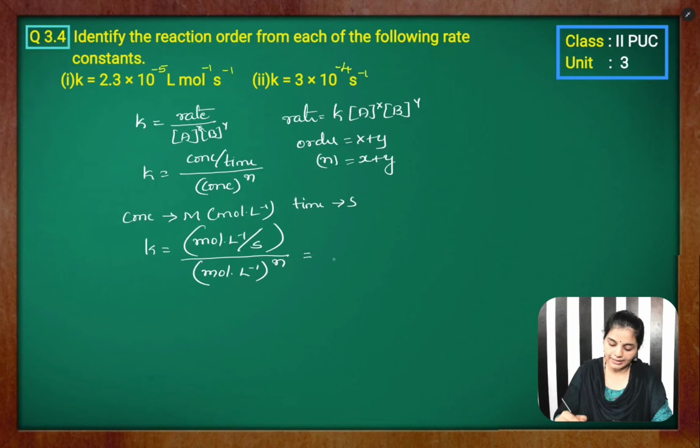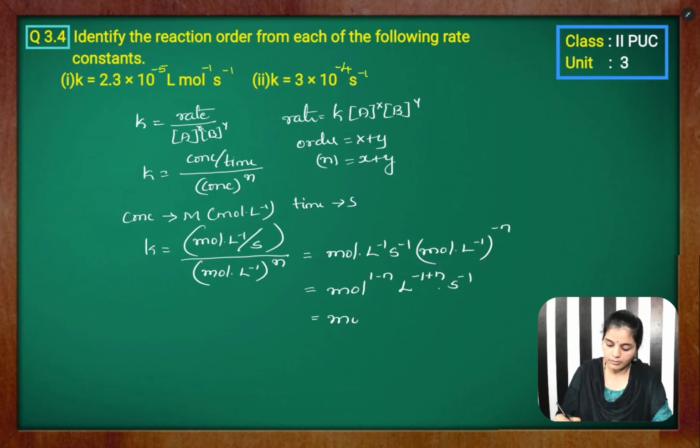Further simplifying this, I can write mole per liter per second, then mole per liter to the power minus N, which is equal to mole to the power minus N. So I can write mole to the power 1 minus N, liter to the power minus 1 plus N, and second inverse.